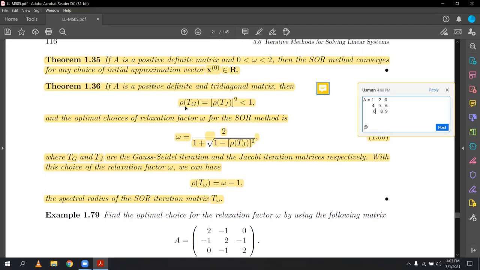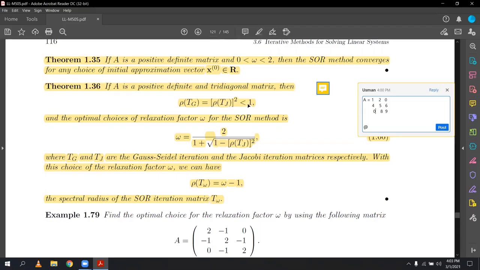This is a very good condition. The spectral radius of the Gauss-Seidel iteration matrix always equals the spectral radius of the Jacobi iteration matrix squared, and both must be less than 1.